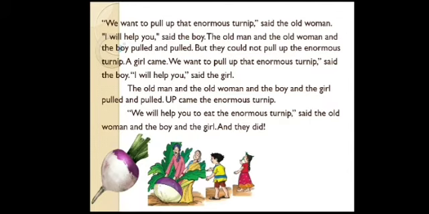The old man and the old woman and the boy and the girl pulled and pulled. Up came the enormous turnip. "We will help you to eat the enormous turnip," said the boy. Said the old woman and the boy and the girl, and they did. So this is the reading of the lesson.